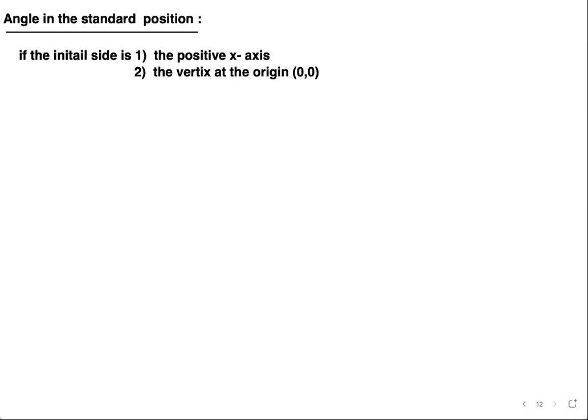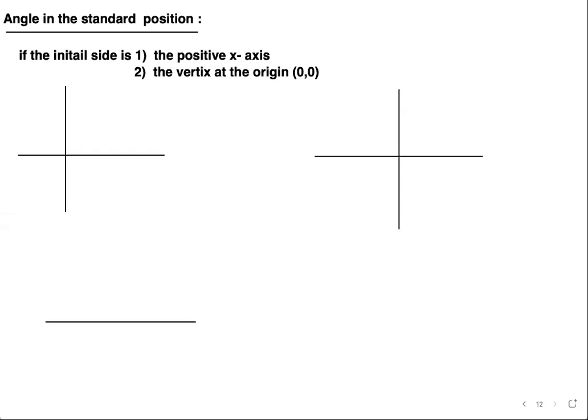Here is my x-axis and this is my y-axis. For the second one, here is my x-axis and y-axis. And again, this is my x-axis and y-axis, and the same thing here, x-axis and y-axis.